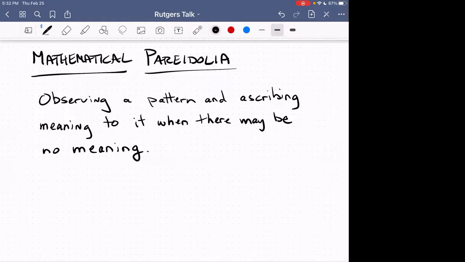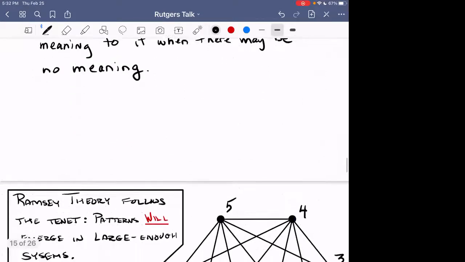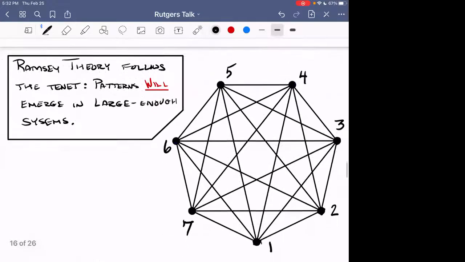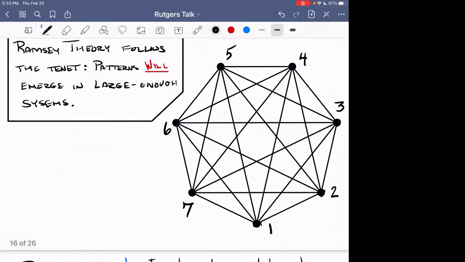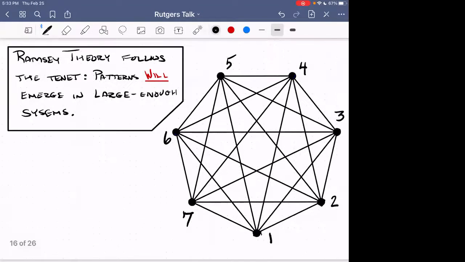Ramsey theory tells us it just has to happen. So it follows this tenet: patterns will emerge. We need to make sure we don't apply some meaning to a pattern that occurs.